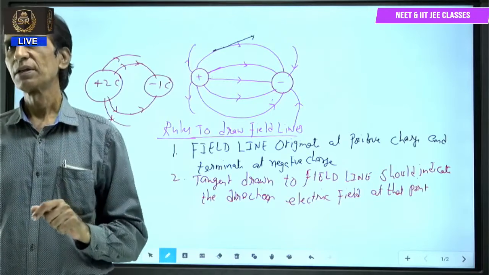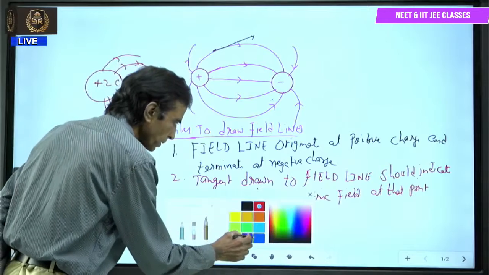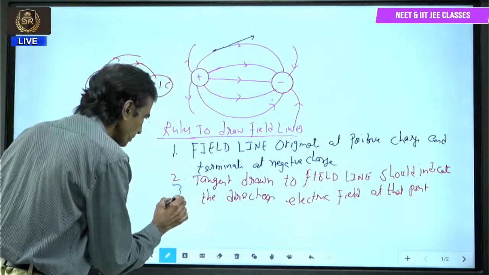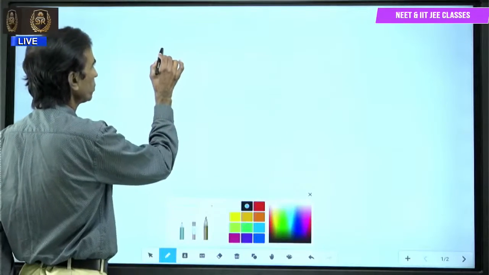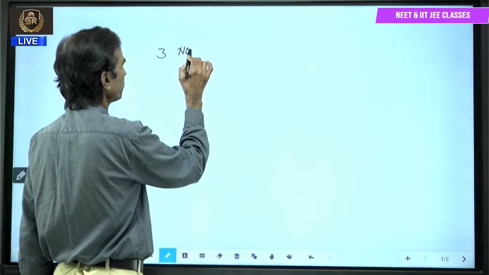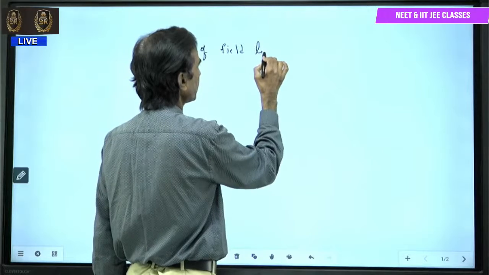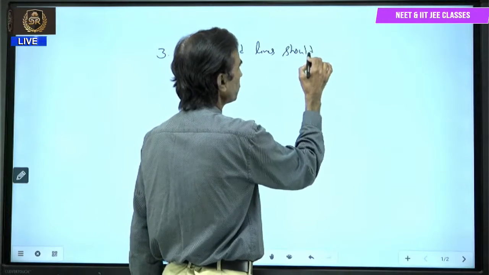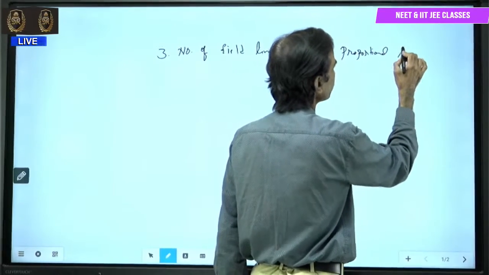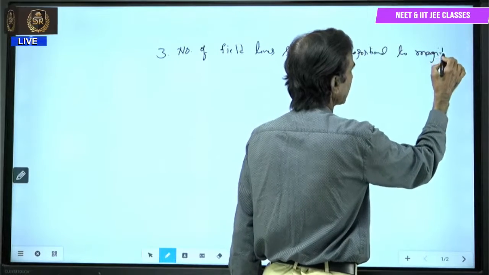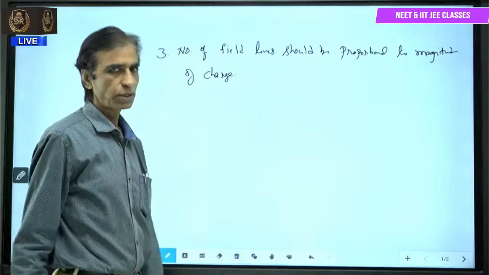So the third rule, rule 3: the number of field lines should be proportional to the magnitude of charge. That is rule number 3.